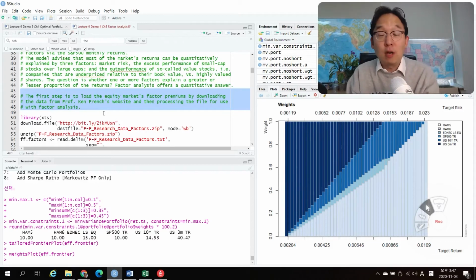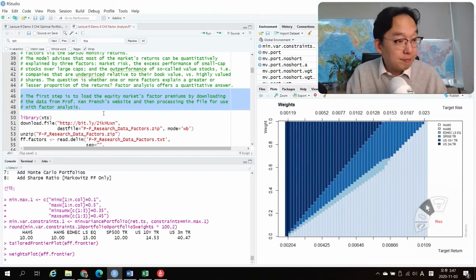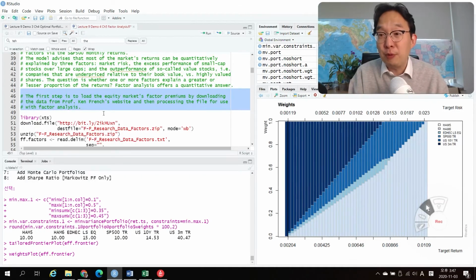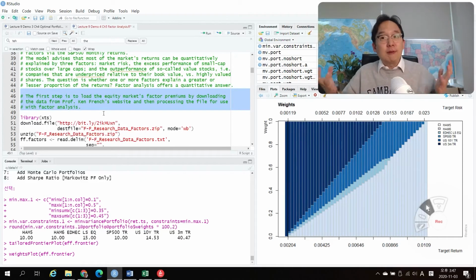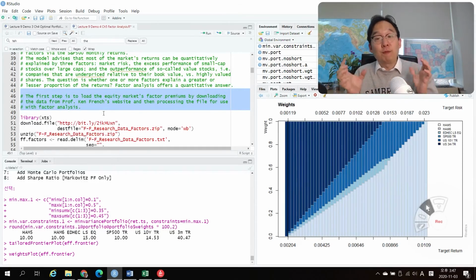You need a couple of years of serious study, doing all kinds of math and economics, and then construct those things. Essentially, the factors would be portfolio returns in their own right. What do you mean? Well, the size factor, for example, will be size-based portfolio returns.